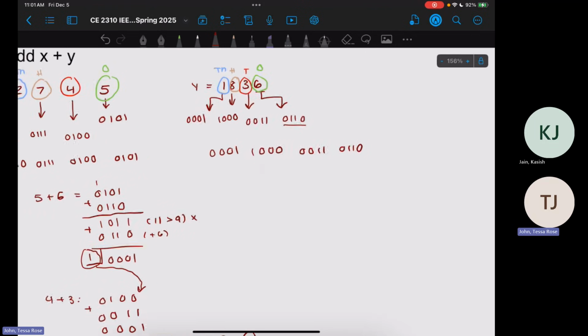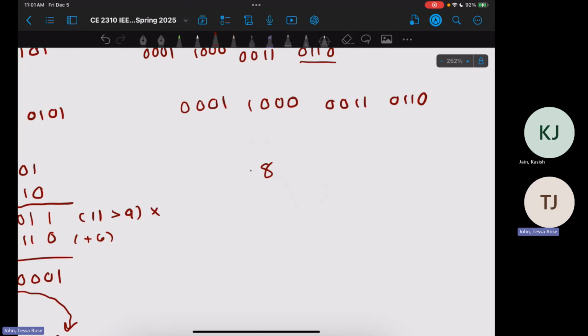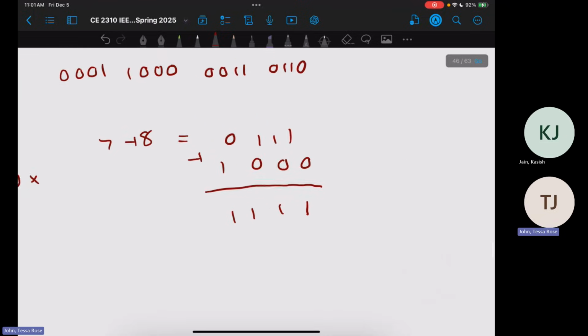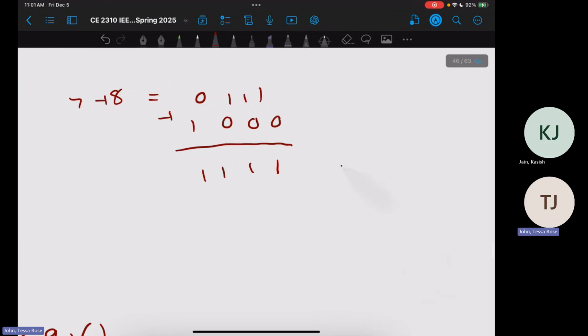Okay, let's move on to the next value. We have 8 and 7, so this is in our hundreds place, which is 0, 1, 1, 1 plus 1, 0, 0, 0. We have 1, 1, 1, 1. 1, 1, 1, 1 in binary is 15. So that's invalid, right? Because it's greater than 9.